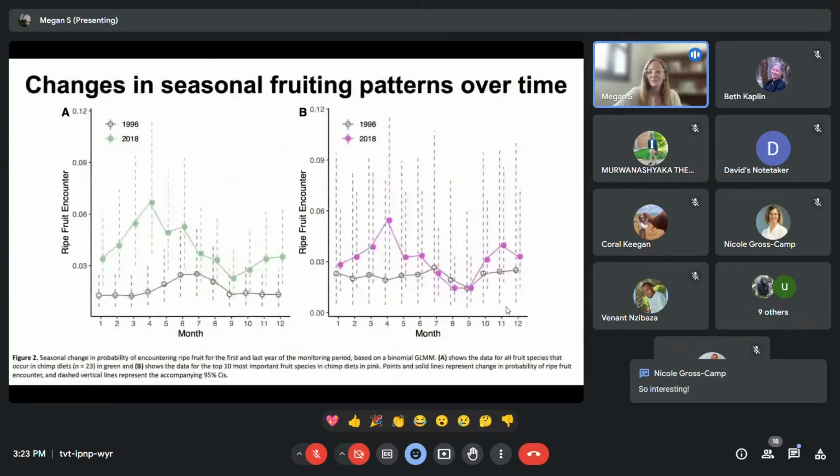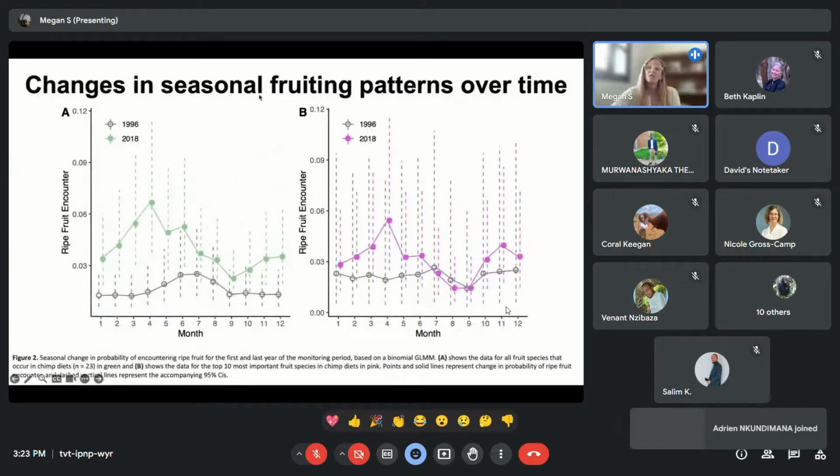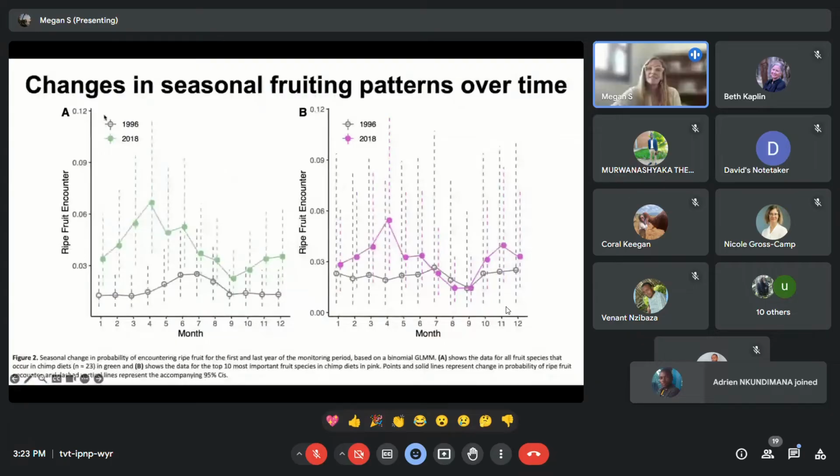Then I looked at changes in seasonal fruiting patterns over time. I did this by comparing the first year of the data, so 1996, with the last year in the data, which was 2018 in the data that I had previously.